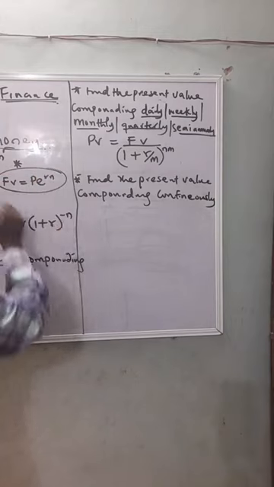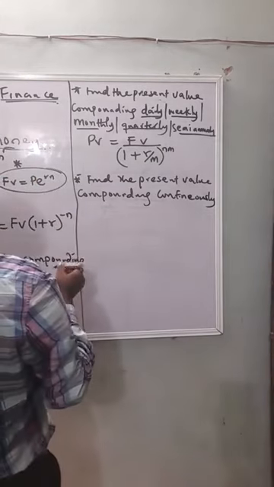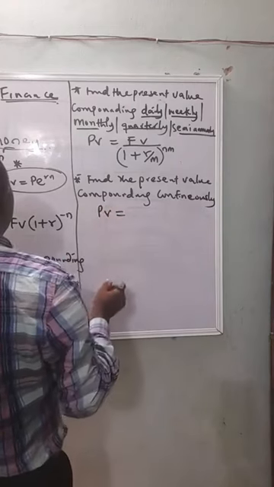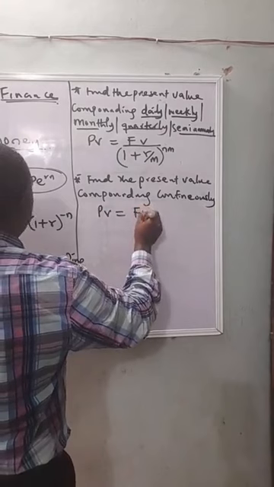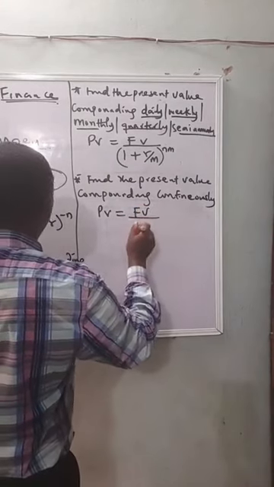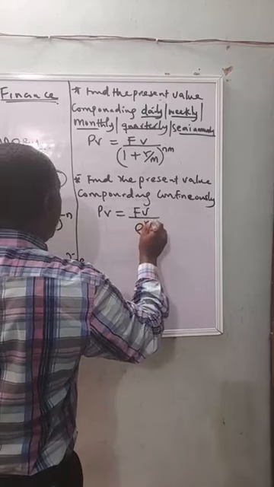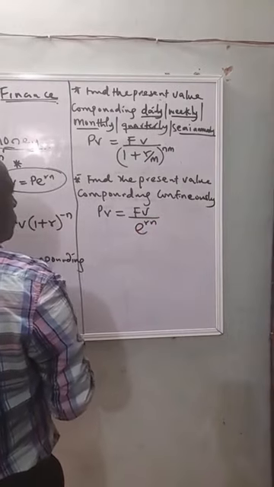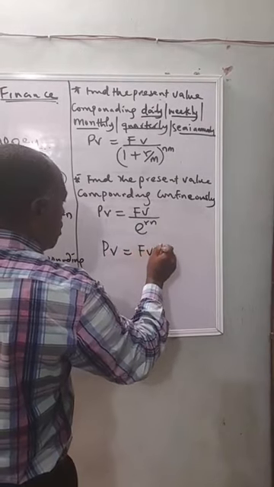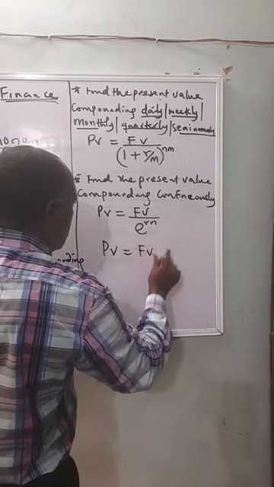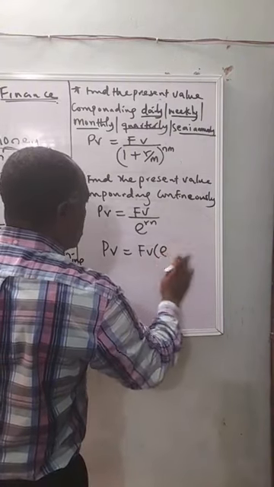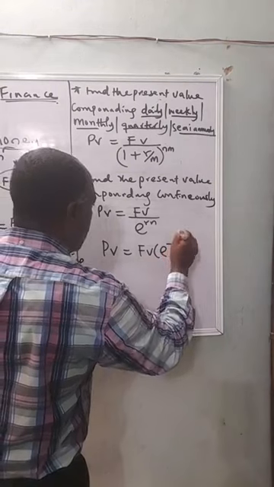So for this one, our present value of money will be equal to future value all over e raised to power Rn, which can be rewritten as FV into e raised to power minus Rn.